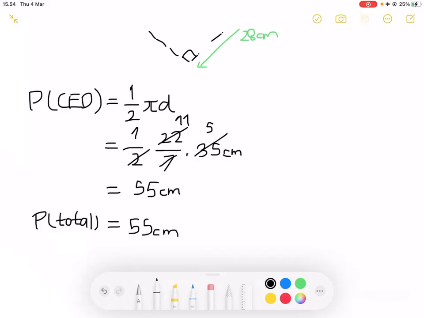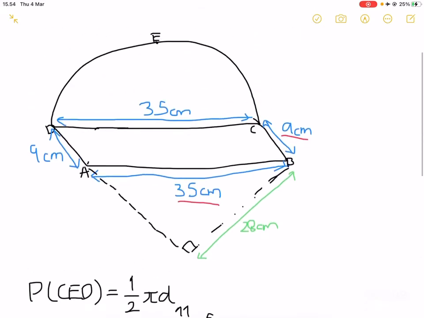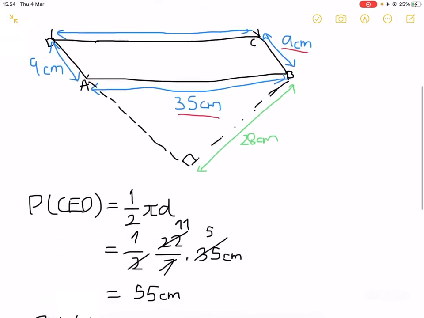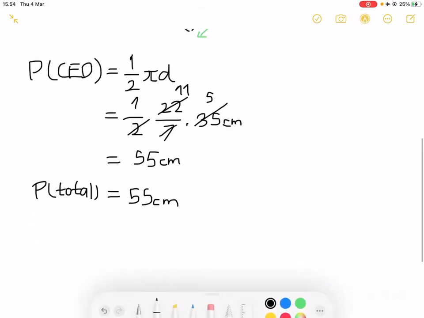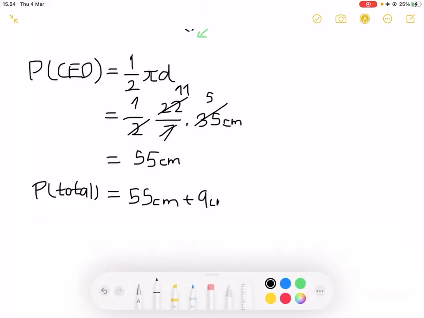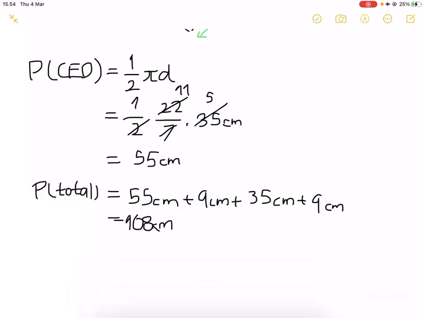So we have 55 centimeters plus 9 centimeters plus 35 centimeters plus 9 centimeters. Quickly evaluating this, we'll get 108 centimeters. So that's it for this perimeter.